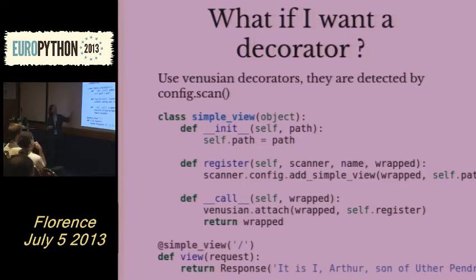So my decorator just takes an argument which is a path, and when it's called with the view, it just does Venusian.attach with the view and self.register, which is a configuration call. It will just call add simple view when I do the config.scan. And with these few lines, I have exactly the same configuration as the Flask application, just simple decorators with the route.